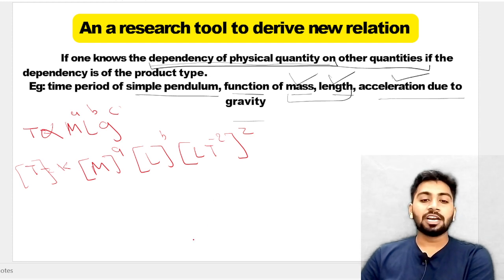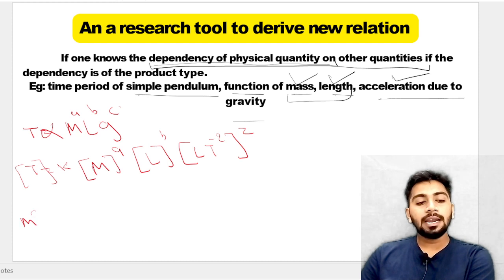Fine, super. Now here, if you see, on this side M is equal to 0, L is equal to 0, only T exists.